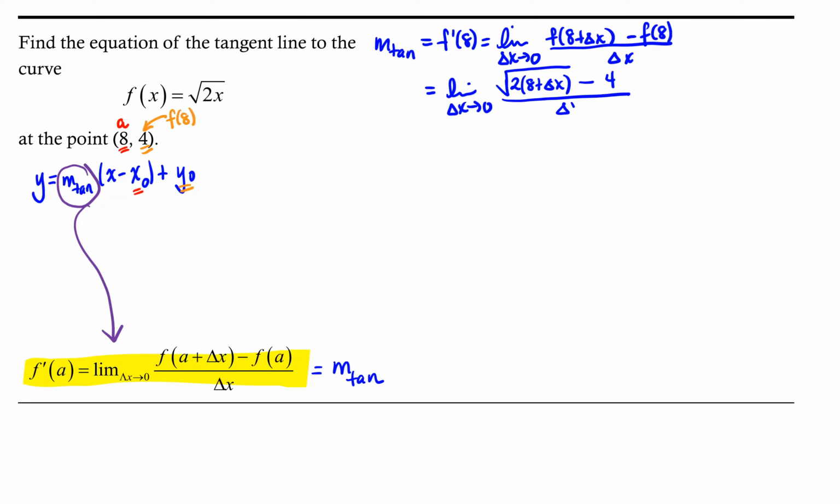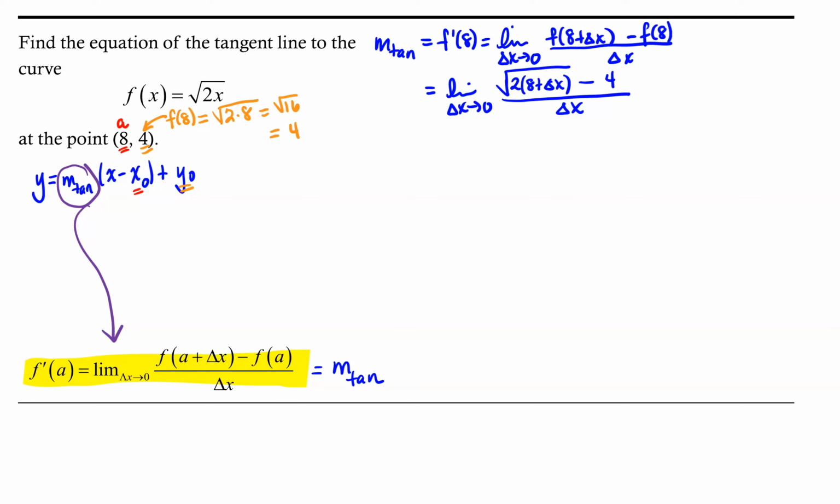over delta x. Now, if I didn't already have the y coordinate that went with 8, I could easily have found it by finding the square root of 2 times 8, which is the square root of 16, which would have been 4.